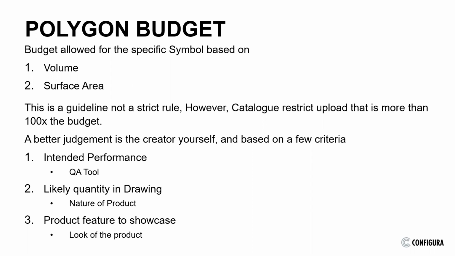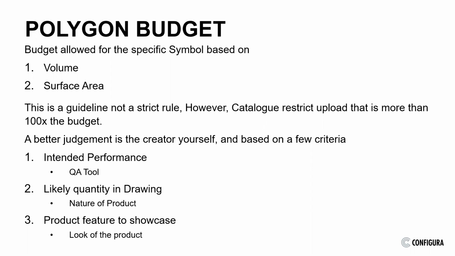And I would say these are the few criteria that you need to take into consideration. So first, of course, when we are talking about polygon budgets, the main purpose we do this is due to performance. We want things to run smoothly, whether it's on CET or on the web configurator. We want things to load fast.